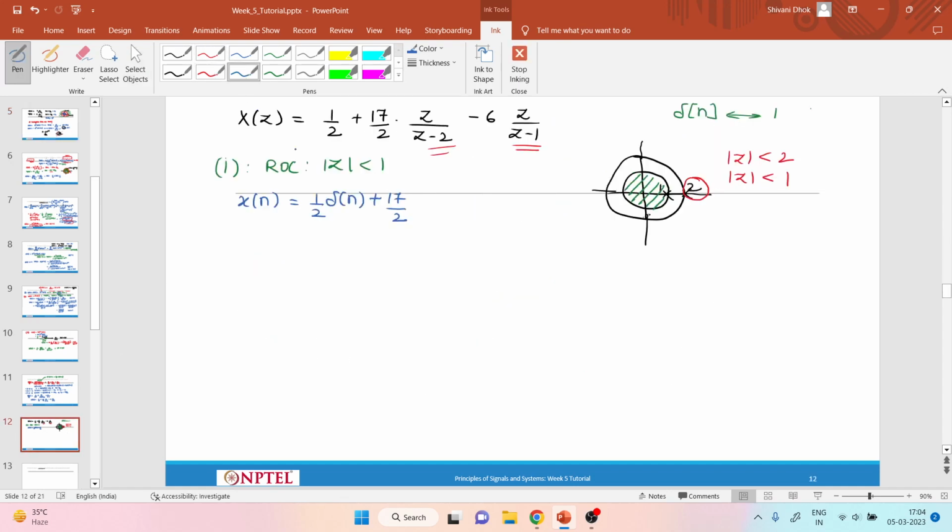So this is simply, we'll have a minus sign here, minus of 2 power n into u of minus n minus 1. Similarly, this factor will correspond to 1 power n, which will be equal to 1 into u of minus n minus 1.